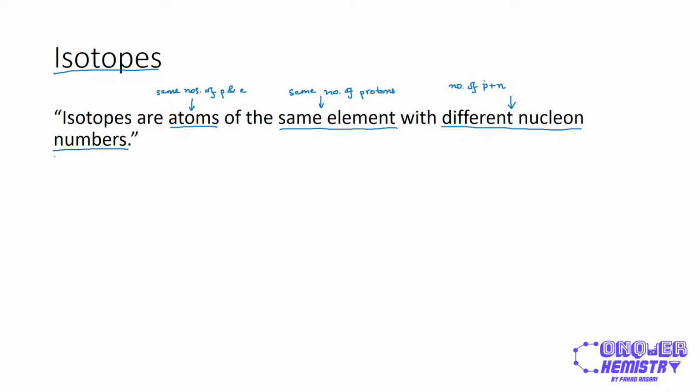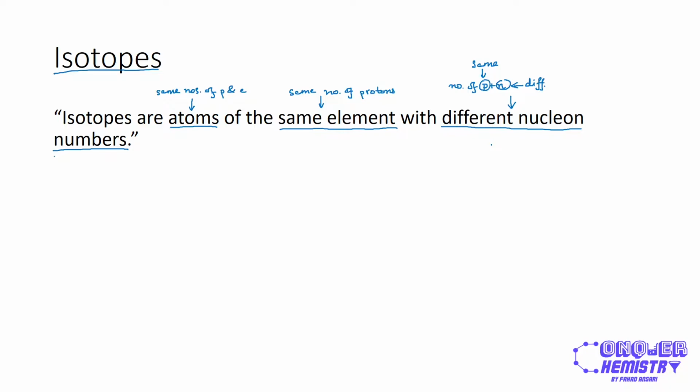Now if we have the same numbers of protons, then it's actually the numbers of neutrons that are different. So basically these are atoms of the same element, they have the same numbers of protons, the same numbers of electrons, but different numbers of neutrons.